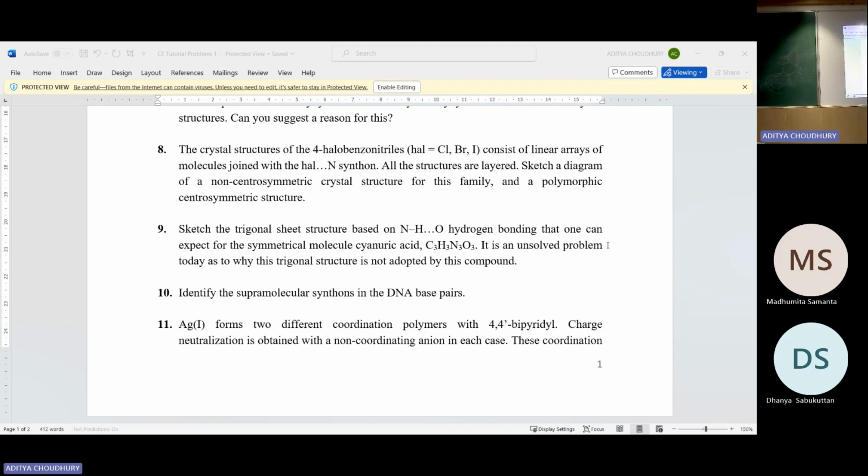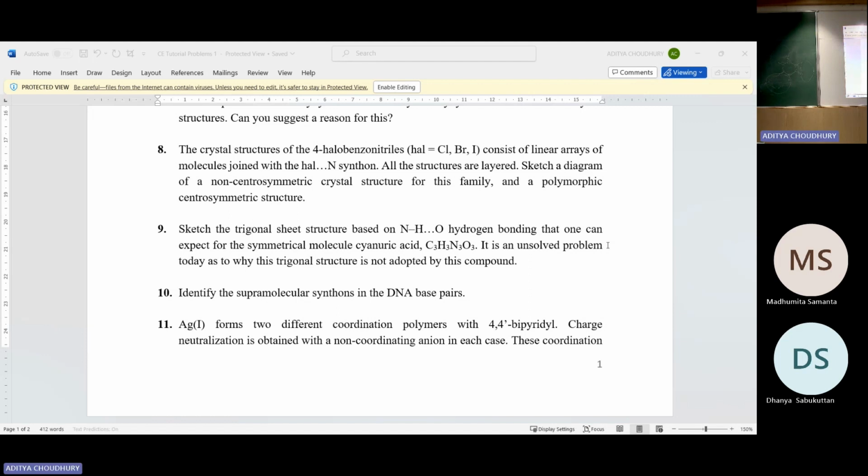Let's think about it. If it forms, there are two or three reasons you can talk about why it doesn't form. One reason, maybe you'll know tomorrow, when we talk about polymorphism. The other is that if you try to do it this way, it creates a lot of empty space.